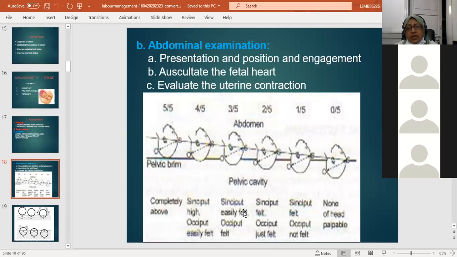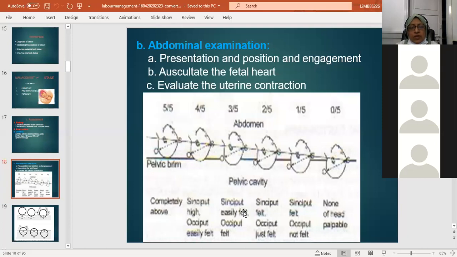Then the pelvic grip. In the pelvic grip, we assess which part of the fetus is occupying the pelvis, either cephalic or breech, because with a longitudinal lie, the baby may present with either the breech or the cephalic presentation. So we assess which part it is.